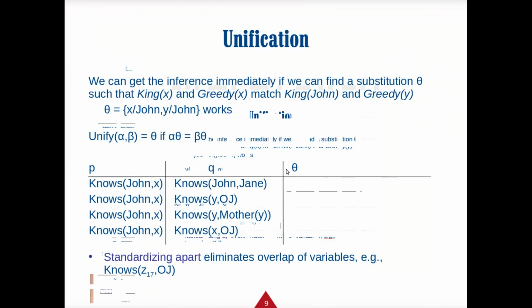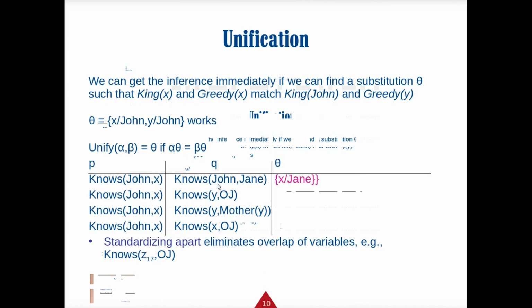To get the theta value, we're going to infer Knows(John, x). So we're going to put in here x is Jane. You can see that here. For the proposition Knows(John, x), we can fill in the variable, and with the other query, Knows(John, Jane).